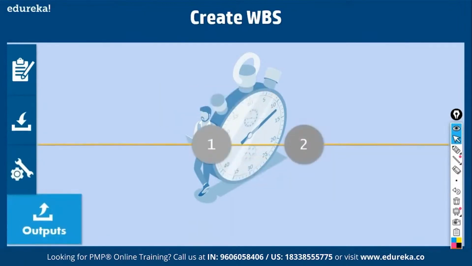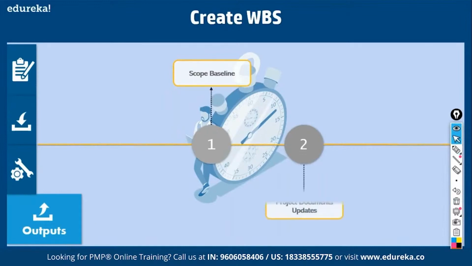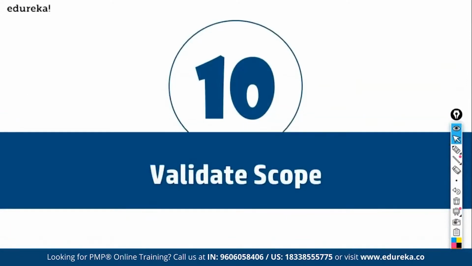Then the output is scope baseline. Scope baseline means, let's say you come up with a WBS, you have hundreds of work packages in a project. So this is called a scope baseline. Okay, fine. What else do you come up with? The next thing is project documents are updated. Fine. So that's about creating WBS.